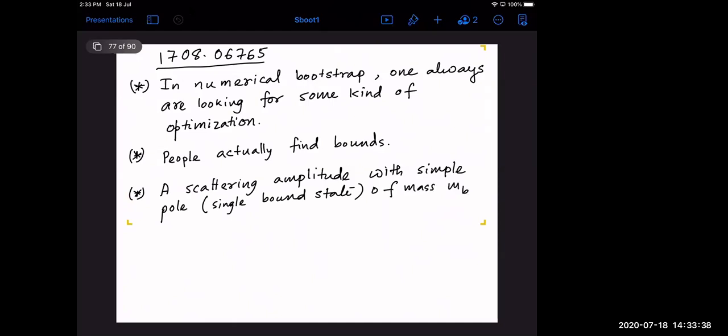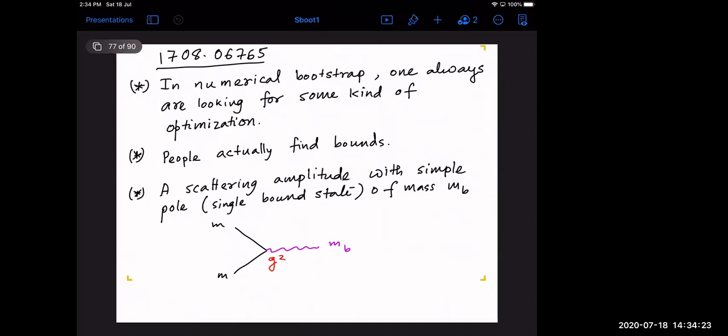Essentially what they are trying to see is a kind of cubic coupling scenario, and the coupling strength is given by this g square.